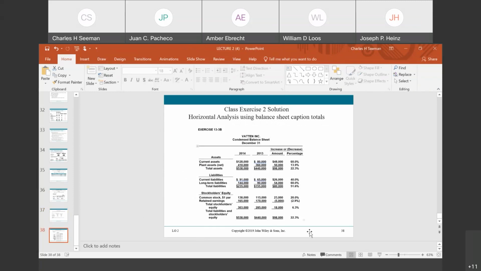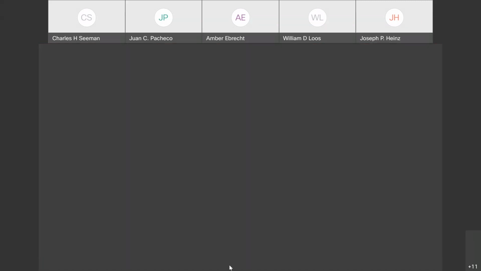If you have to do it by hand, then you have to do it by hand. But all you're doing is the same function. 48,000 comes from the 128,000 minus the 80,000, and then you divide the 48,000 by the 80,000. So far, okay? Like I said, this is kind of easy.